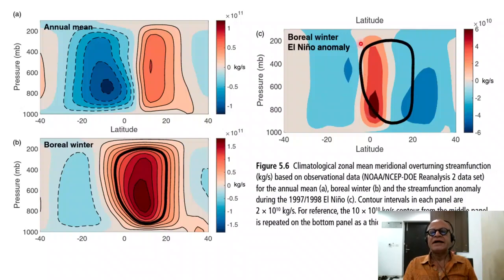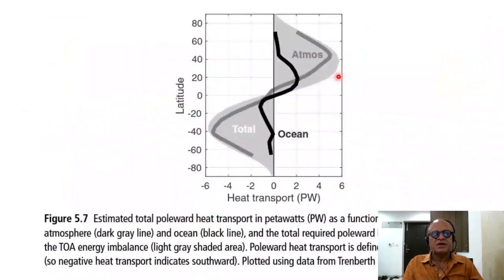So the Hadley cell seems much weaker, and the Ferrel cell here looks much stronger. There is a shift of the entire flow system, and the southern hemisphere looks very different as well. We'll come to that a little bit later on, but just keep that in mind.